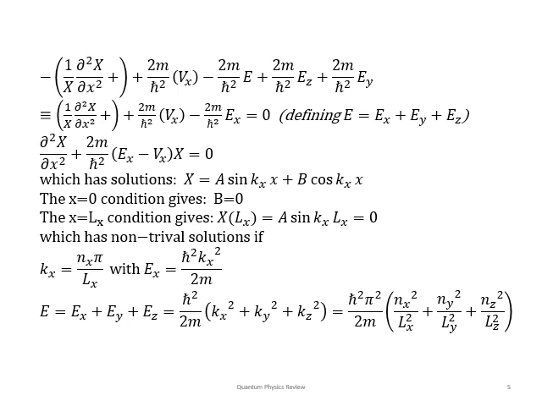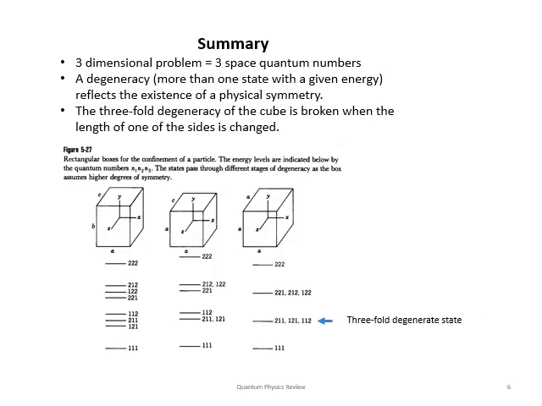Remember that the total wave function is the product of the x wave function, the y wave function, and the z wave function. In summary then, it is a three-dimensional problem, and we just found out that we have three space quantum numbers that appeared, for x and y and z.